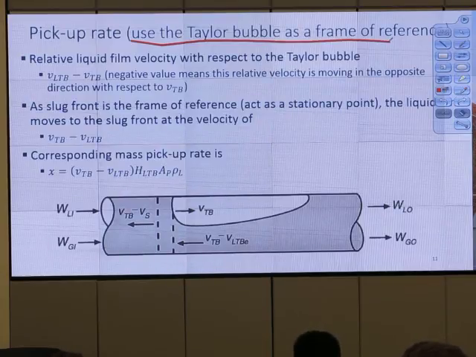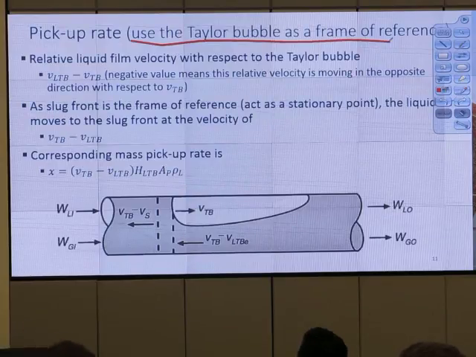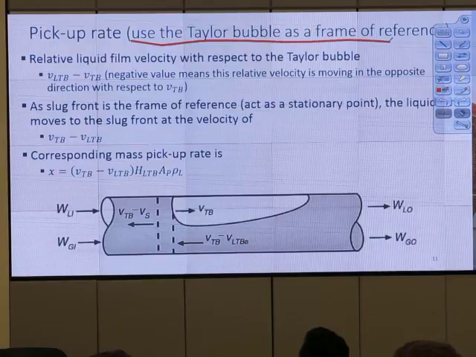We use the Taylor bubble as the frame of reference. This means we move at the speed of the Taylor bubble. So when we move at the speed of the Taylor bubble, we will see a stationary interface, because we move at the same speed as the interface.